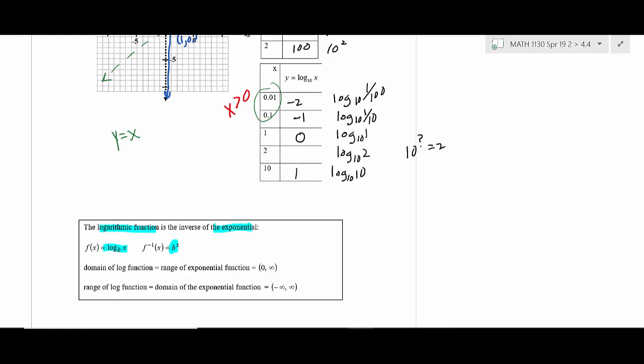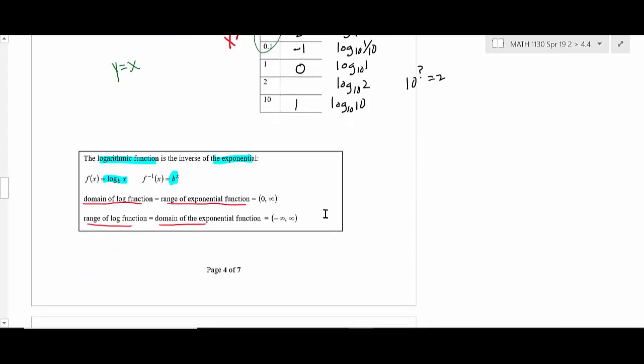And like we learned with inverses, the domain of a log turns out to be the same as the range of an exponential. That's because you're doing inverses. And then the range of a log turns out to be the domain of the exponential. So you're flipping the variables, so domain turns into range and range turns into domain.